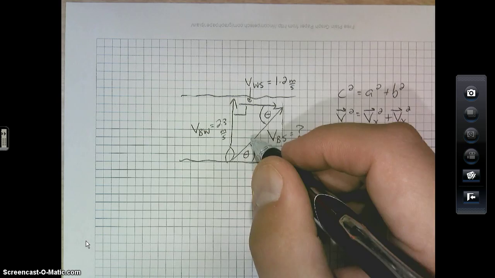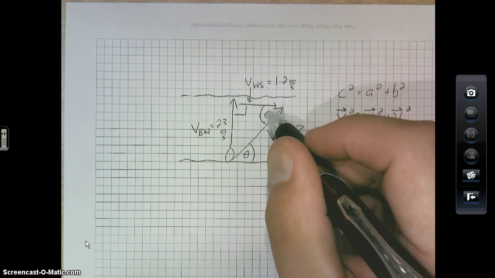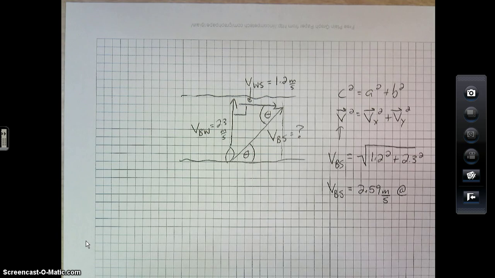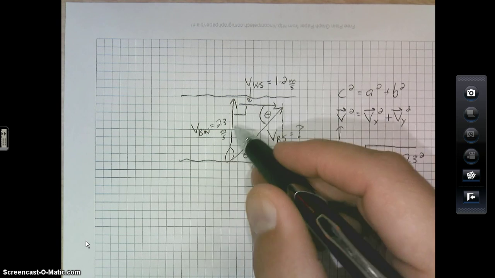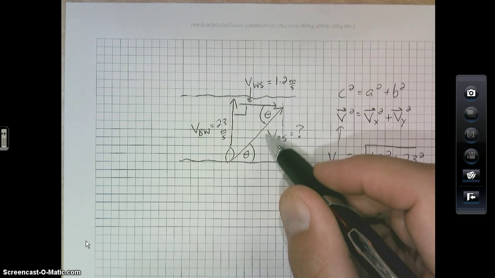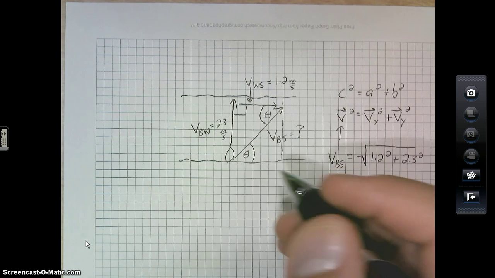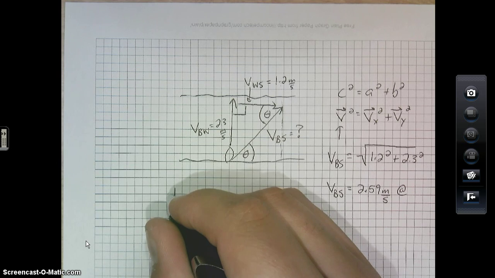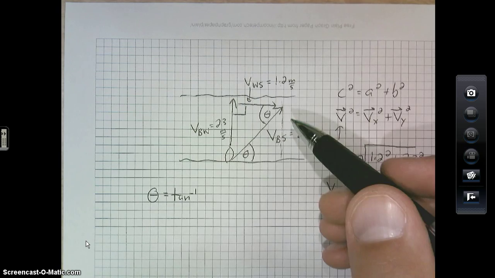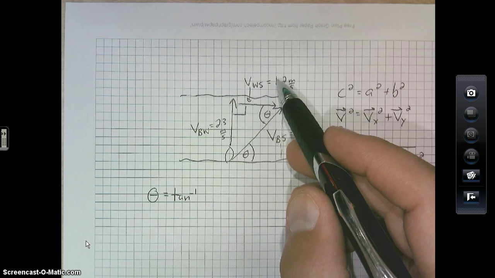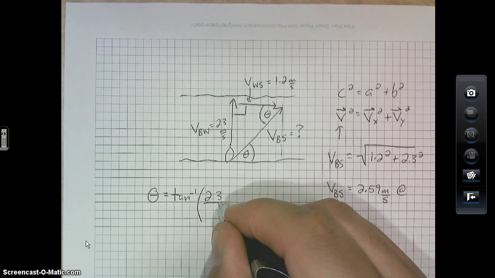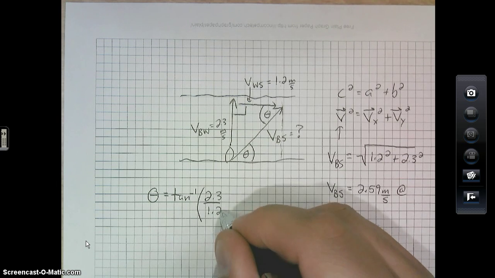In this case, we could solve for this angle knowing that we have this and this. So this would be the opposite and the adjacent, yes? Alternate interior angles, I think, is that right? I can't remember. Okay, so let's do the inverse tangent of opposite over adjacent. So 2.3 over 1.2.